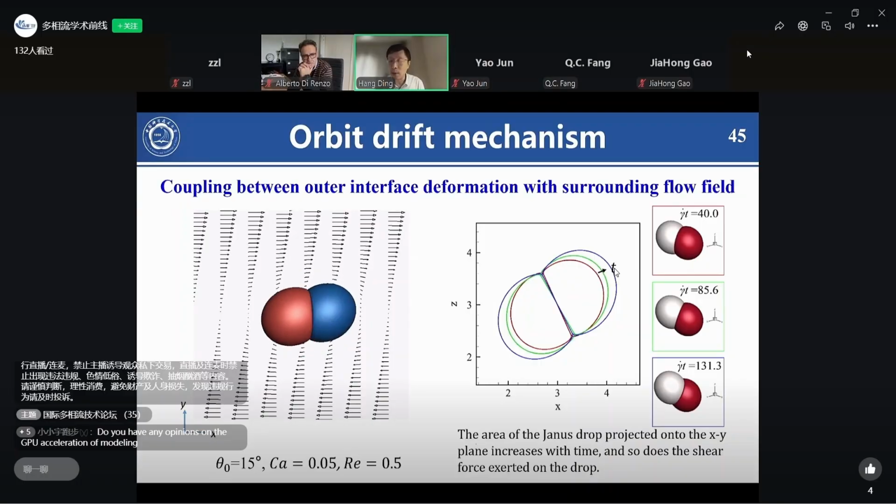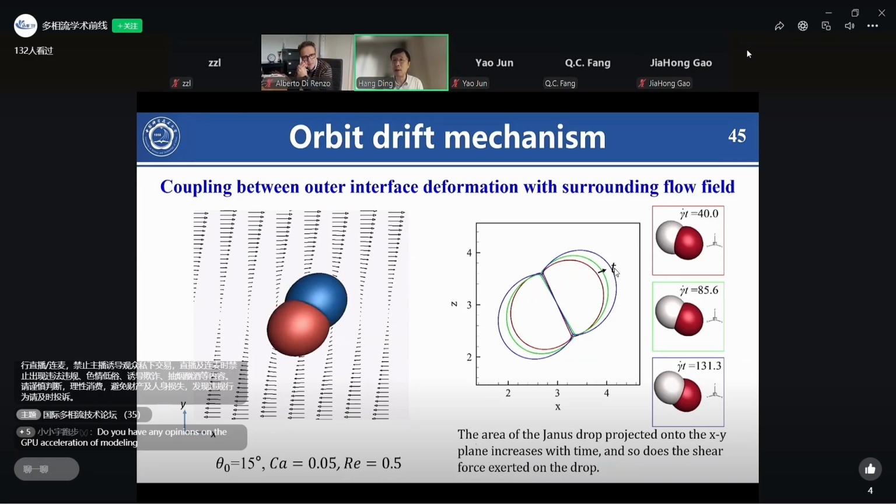When its aspect ratio increases, just like Jeffery's particles, it will try to move to high orbits. But when you travel to high orbits, actually the projection, the area of the Janus droplet projection onto an XY plane, where the shear plane is, increases with time. So does the shear force exerted on this droplet.